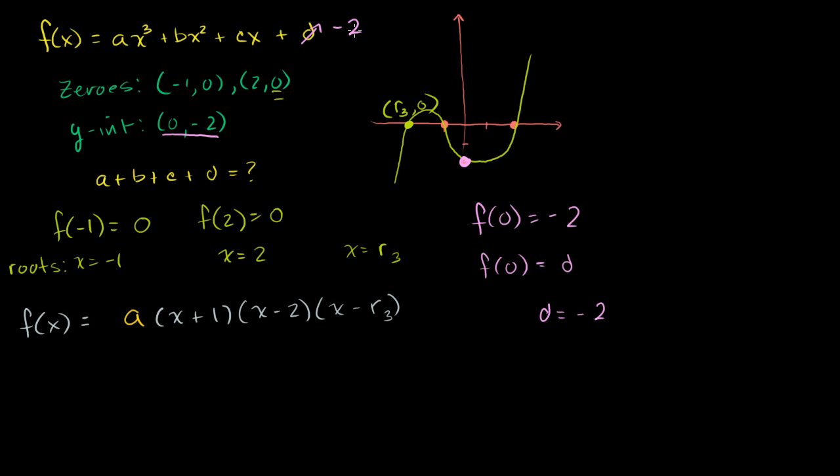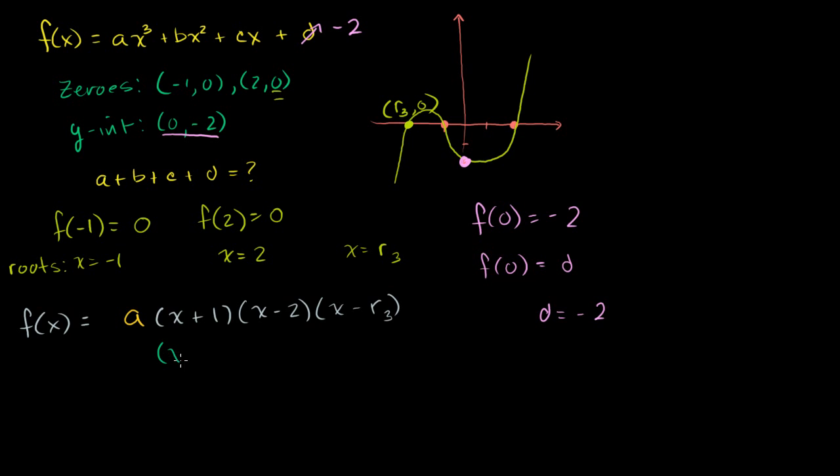Now, if d is equal to minus 2, that means all of these constant terms, when you multiply out this expression, and I would include the a, because the a is scaling everything, must be equal to minus 2. Let me be clear here. Let me rewrite this expression. I'll just multiply the a times this last term. We can do it in any order we want.